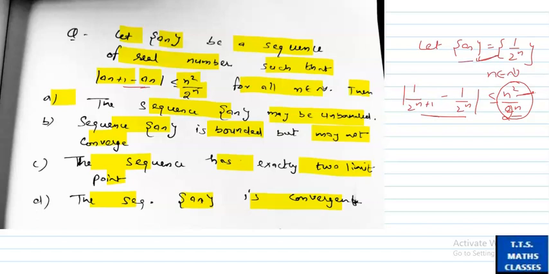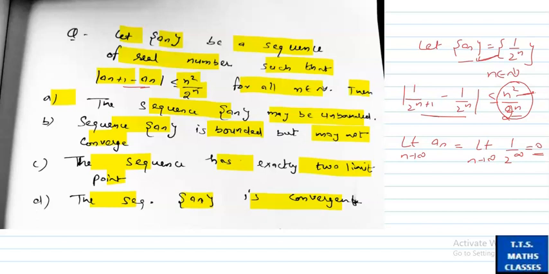Now clearly it is bounded, because if we put the limit n approaches infinity, an will be 1 upon 2 raised to power infinity, which is 0. We have to check whether it is bounded or unbounded at a boundary point.